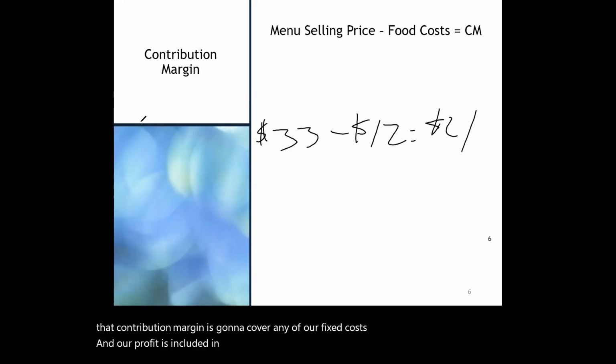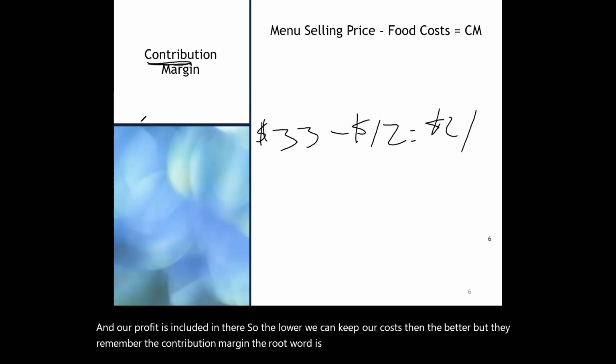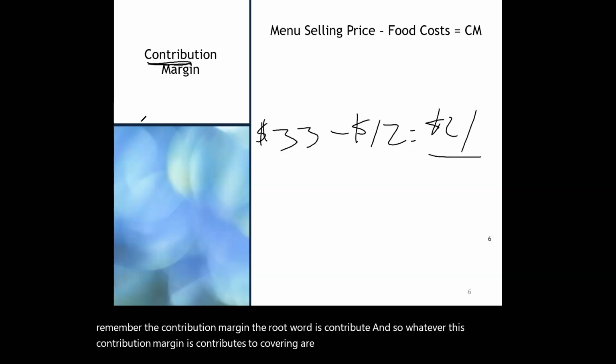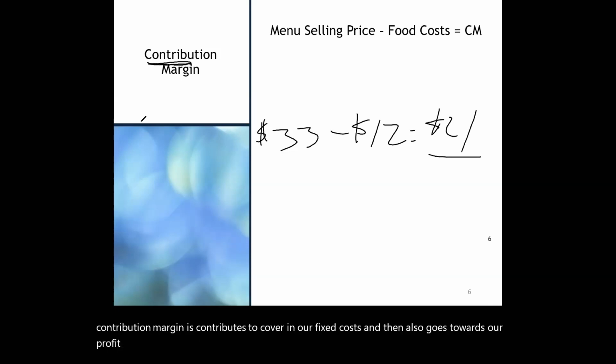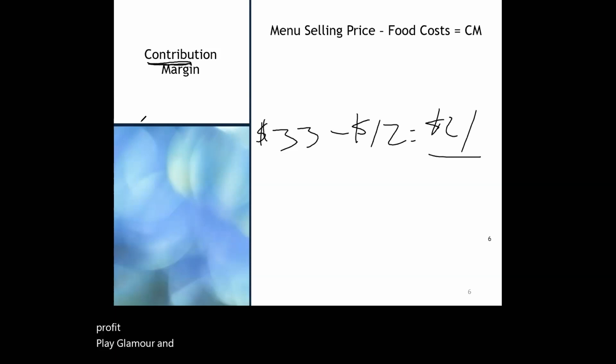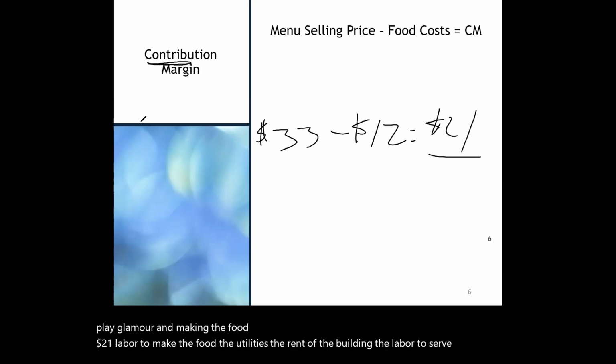So the lower we can keep our costs, then the better. But remember the contribution margin, the root word is contribute. And so whatever this contribution margin is contributes to covering our fixed costs and then also goes towards our profit. Yeah, like labor and making the food and all that. Yeah, so that's that $21: labor to make the food, the utilities, the rent of the building, the labor to serve the food, all of that's going to come out of that $21 for that meal.